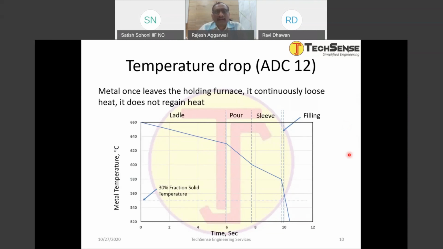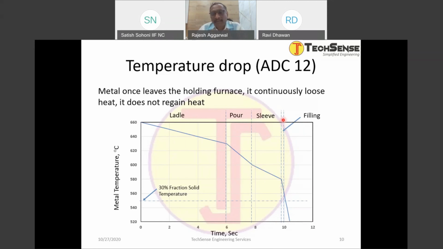So as the metal leaves the holding furnace, it continuously loses heat. Whatever temperature it has in the holding furnace, once the metal starts coming out with the ladle, it will keep on losing heat continuously. As the ladle goes near the machine, it pours the metal in the shot sleeve, and then the metal flows in the shot sleeve for the first phase, and then the filling happens. The temperature drops rapidly.